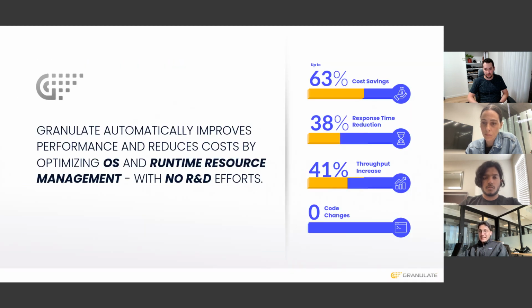And so Granulate is a real-time continuous optimization solution. The numbers you're seeing on the screen are real numbers from our customers. As you can see, Granulate is reducing cost by up to 63%, reducing latency, or job completion time for big data workloads such as the Spark workload that Salt Security is running, by 38%, and increasing throughput, depending on the architecture of the application, by 41%.